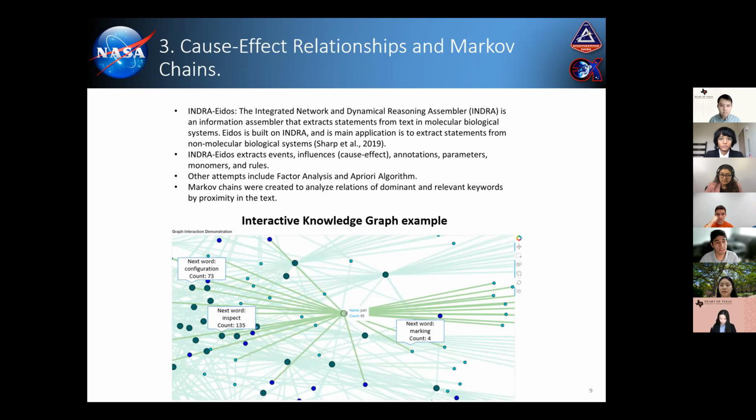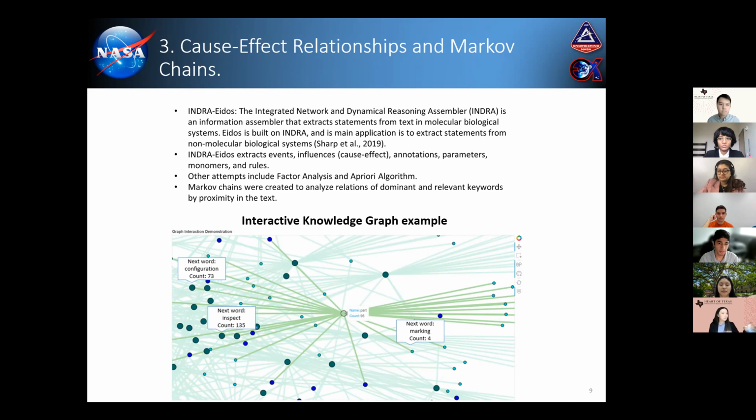So I also did some cause-effect relationships. I tried several models for association rule mining, and this one was the one that gave me the most useful results. INDRA was originally developed for biology applications, and ADOS was this extension that applied to general cases.